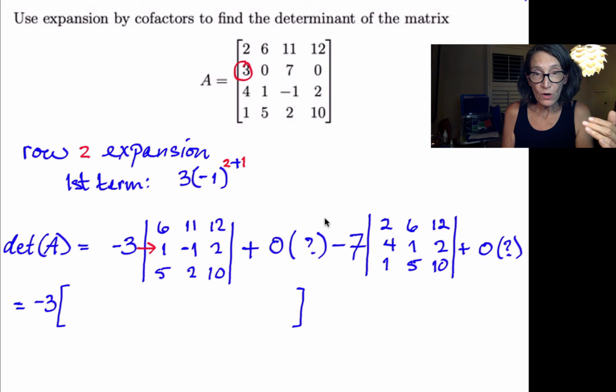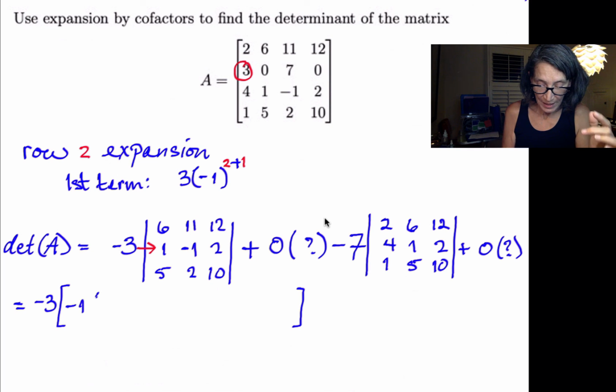Since I'm starting with the second row, first column, the entry there is 1, but 2 plus 1 is odd, so it's going to be multiplied by a negative 1. So the first term in our cofactor expansion of this submatrix determinant is going to be negative.